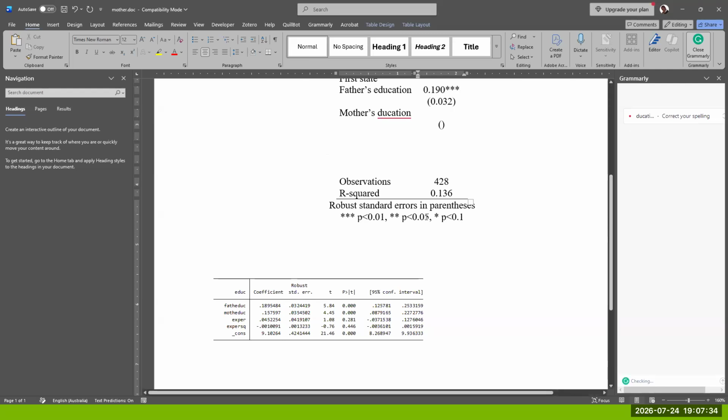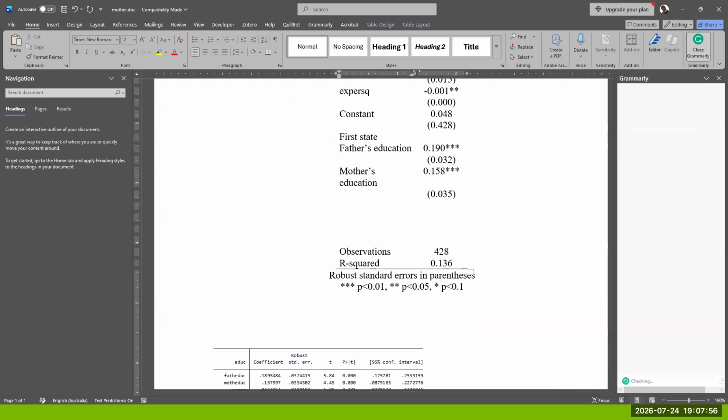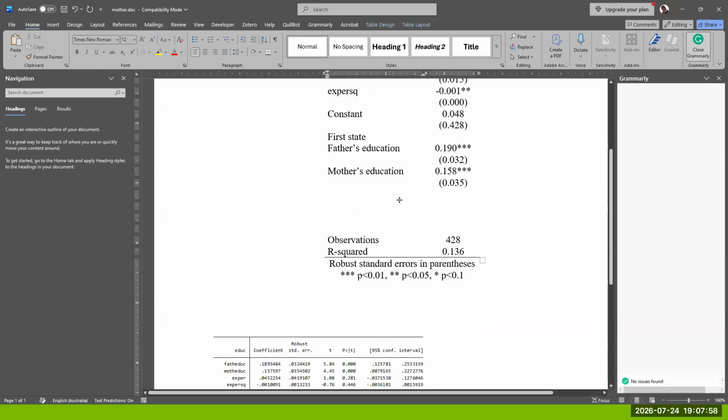Then that of the mother, the standard error here is what you report. So this is also sorted.